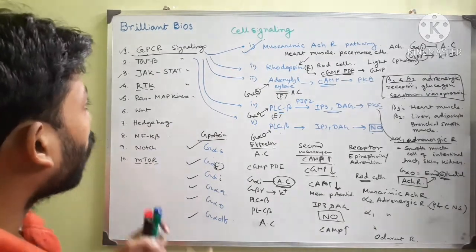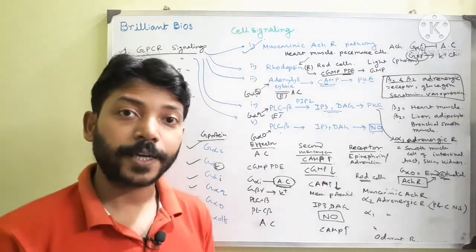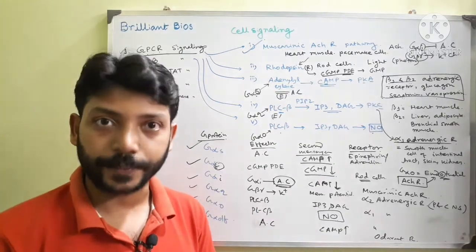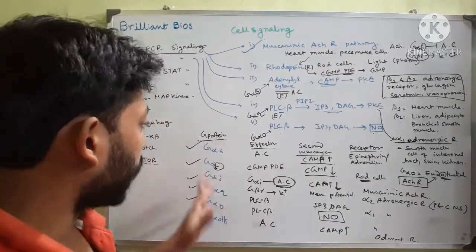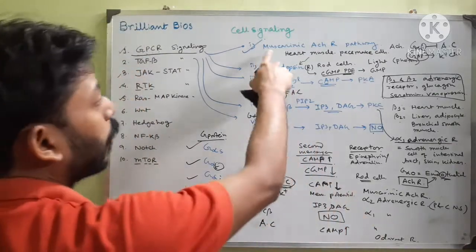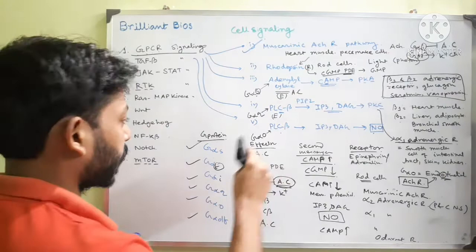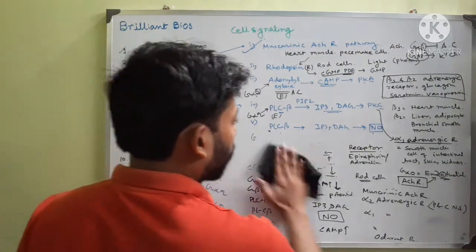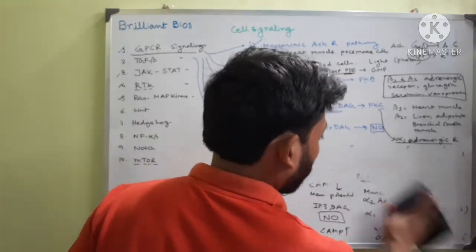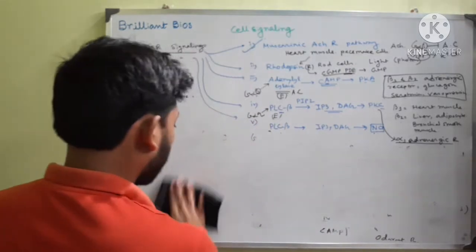So these are all the basic concepts about the G protein coupled receptor. In this class I will show you how the muscarinic acetylcholine receptor inhibits heart muscle contractions. Okay, how does this pathway occur?